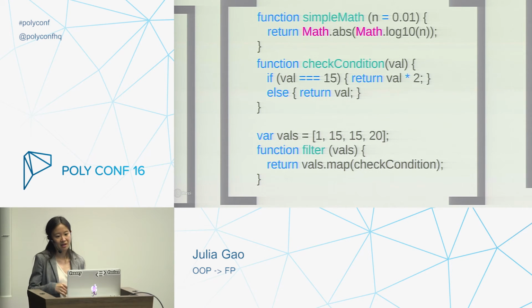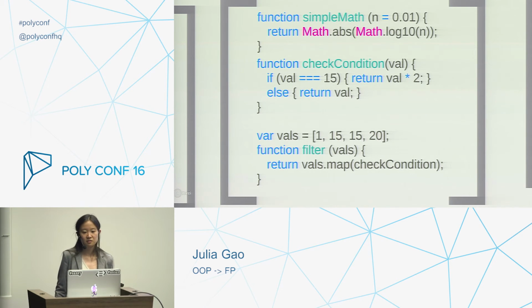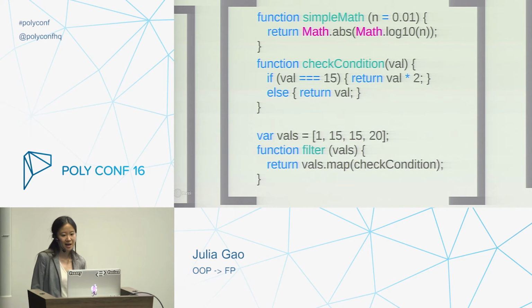So we have Math.log10, and if we give n of 0.01, we will always get -2 back. That's the case every single time. It doesn't care if you do some outside changes. And similarly, we pass in the -2 to Math.abs, we'll always get 2 back. So when we use these functions, we're actually using the good practice of stateless functions.